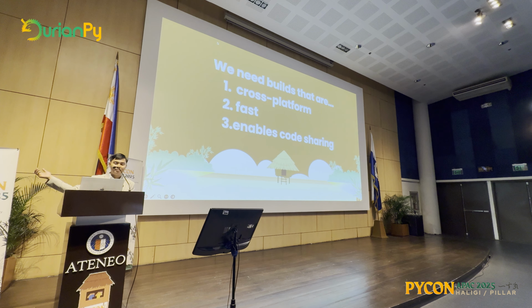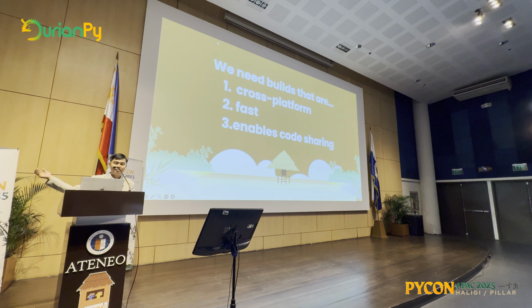The Pants build system is a fast, scalable, user-friendly build system for code bases of all sizes. It could be a monorepo, or it could be just a small repository. One of the key features that I love about the Pants build system is, number one, dependency inference. What does that mean?